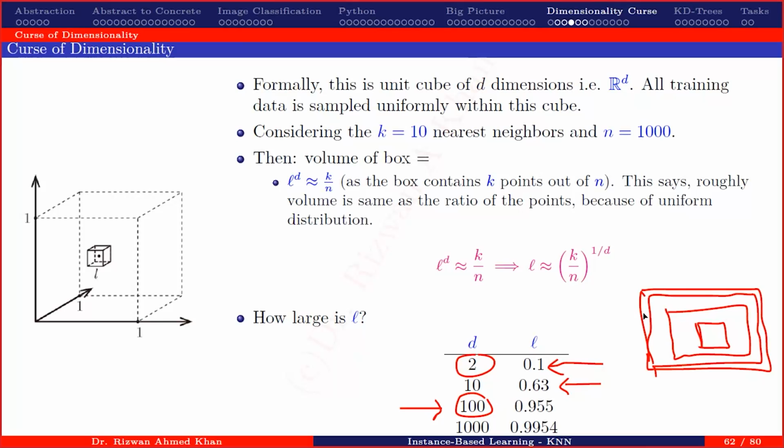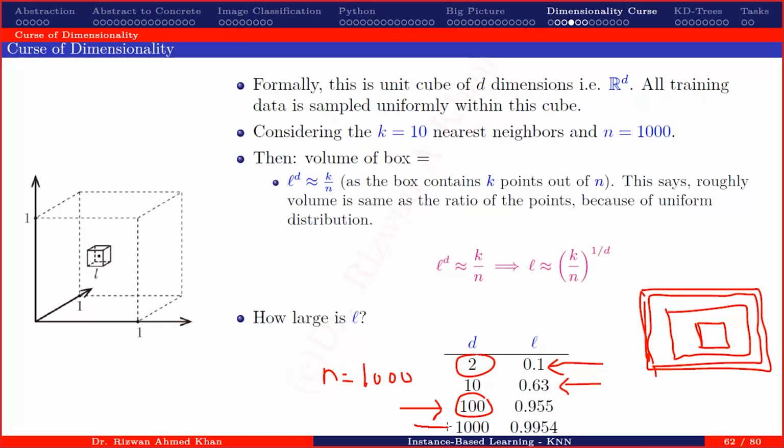We'll need the complete cube to have these 10 nearest neighbors in 100 dimensions. And remember, n is 1000. We are dealing with only 1000 points, right? So it means that 10 points are inside the 0.955 length and the rest of the 900, let's say 900 points, are at the edges, because we have 1000, so 10 are inside this box and the rest are at the edges.